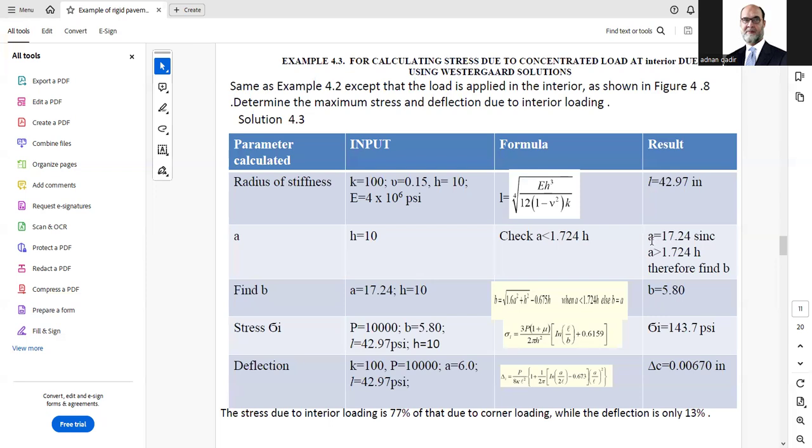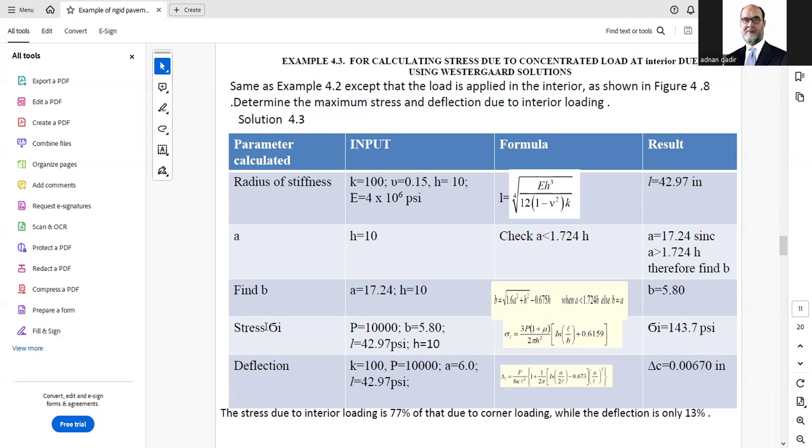So that's why A is greater than 1.724 H. Therefore, we have to find B. For finding B, we know A, we know H, and we found B is equal to 5.80. We are just substituting the values and getting the required parameter.